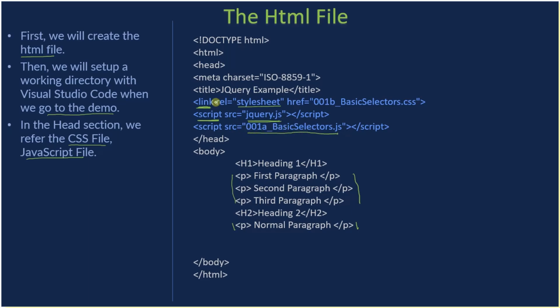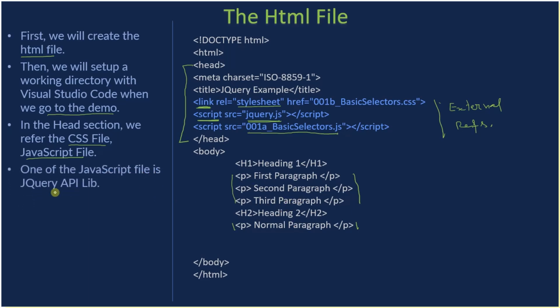Alright, so we kept all these references inside our head, because head starts here and it ends here. Since we kept these external references in the head section, all of them are available inside the body.